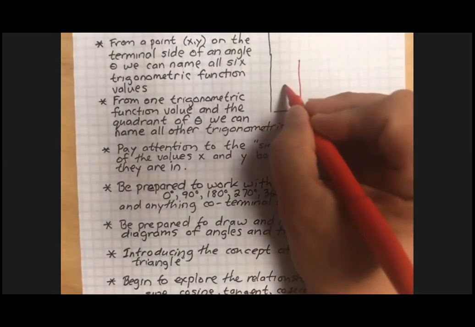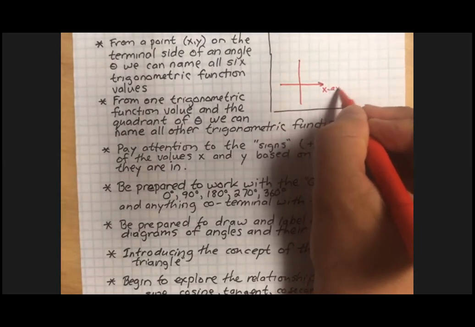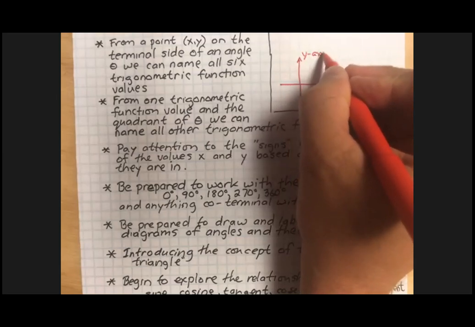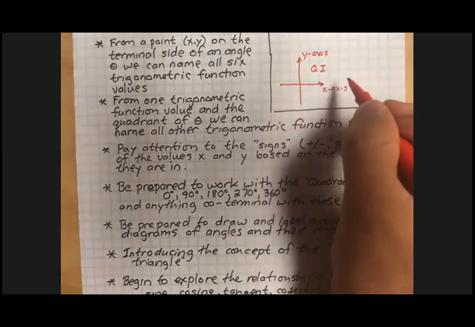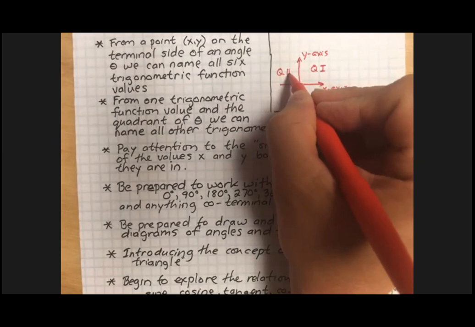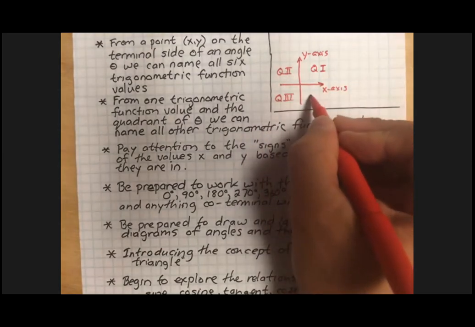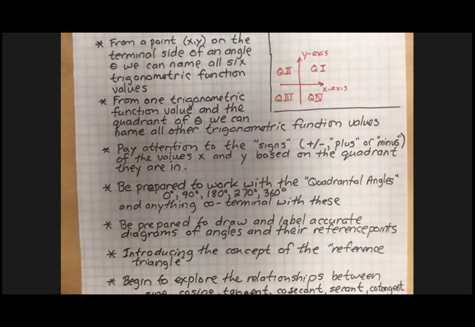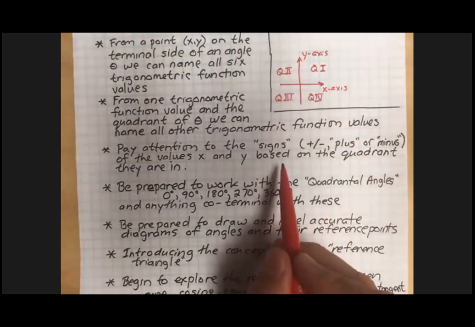Remember, the quadrants from the x-axis and the y-axis are labeled quadrant 1, counterclockwise from the upper right, quadrant 2, quadrant 3, and quadrant 4, the Roman numerals. So based on whether x or y is positive or negative, that's going to change the sign.